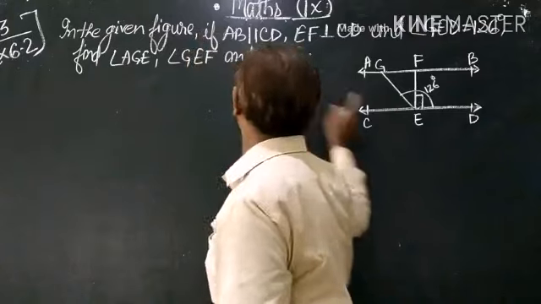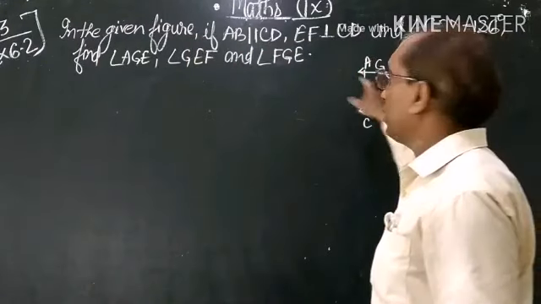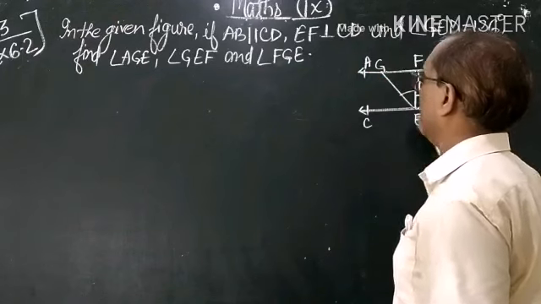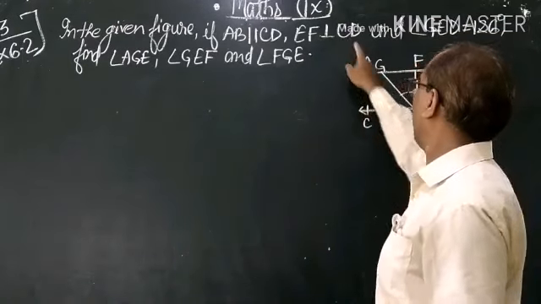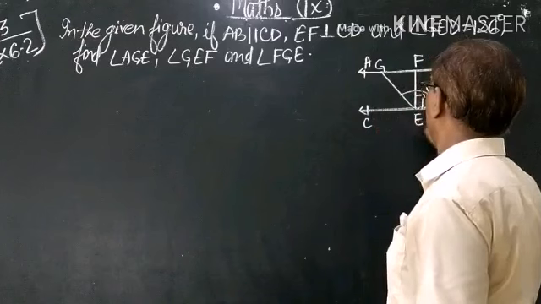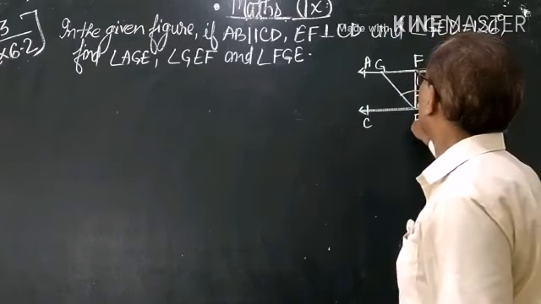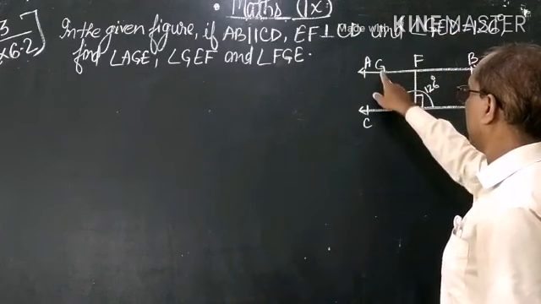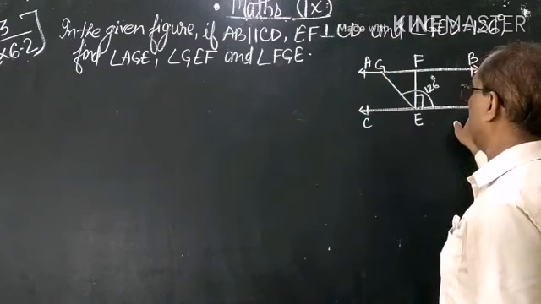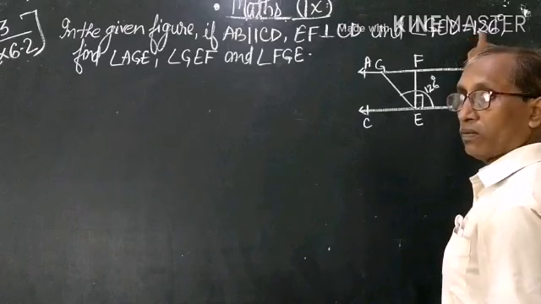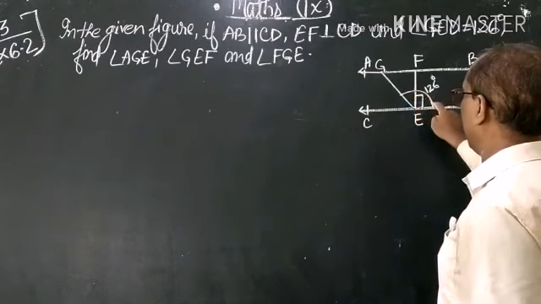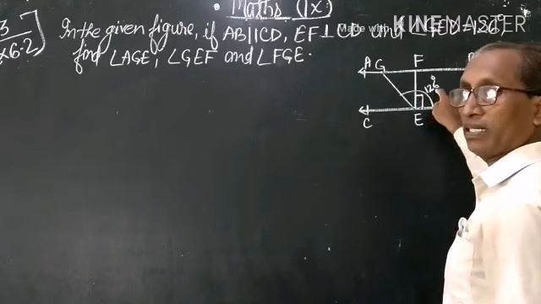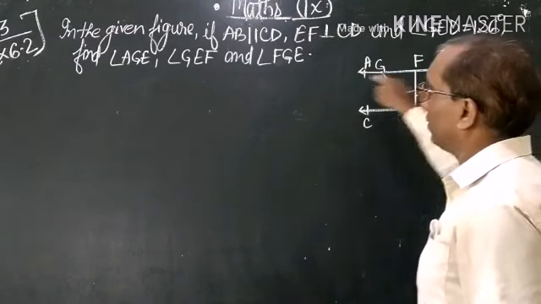In the given figure, if AB is parallel to CD, EF is perpendicular to CD, and angle GED is equal to 126 degrees.